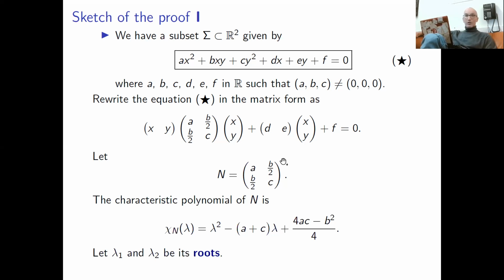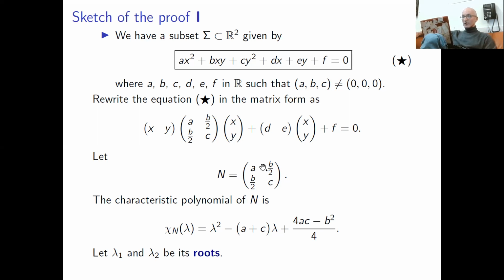This is a symmetric matrix, and the main features of this symmetric matrix are its eigenvalues and the corresponding eigenvectors. But of course, first we need to find the eigenvalues.